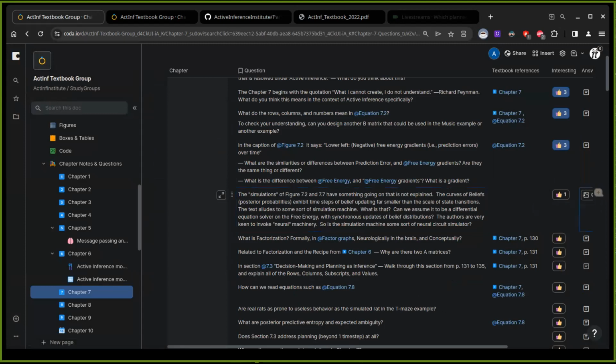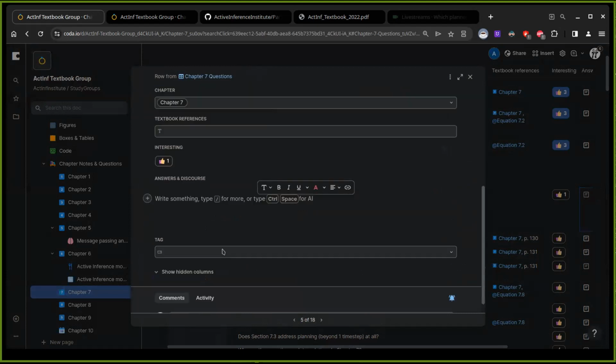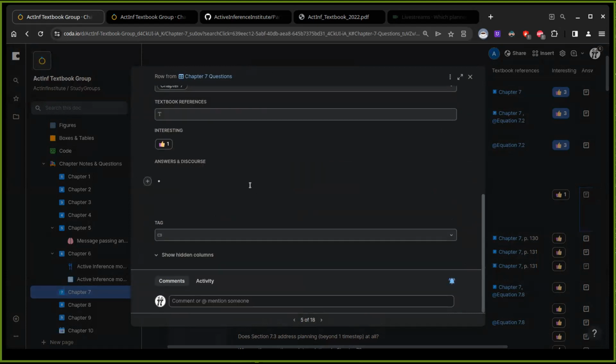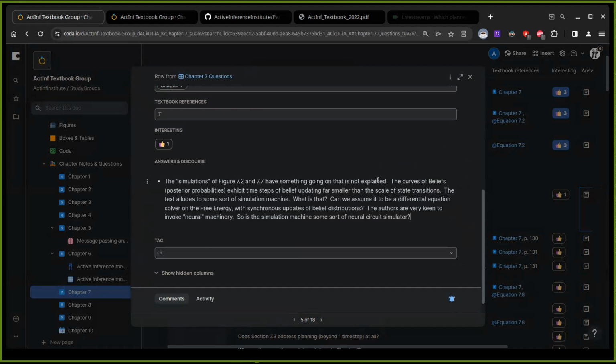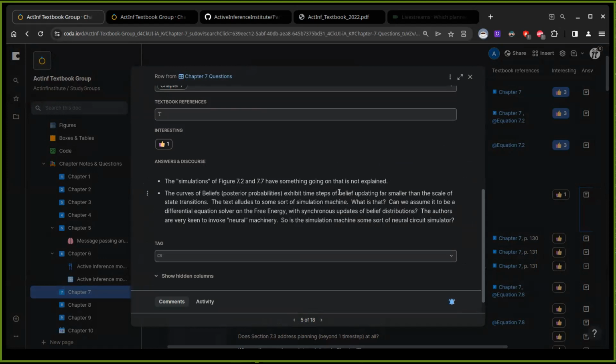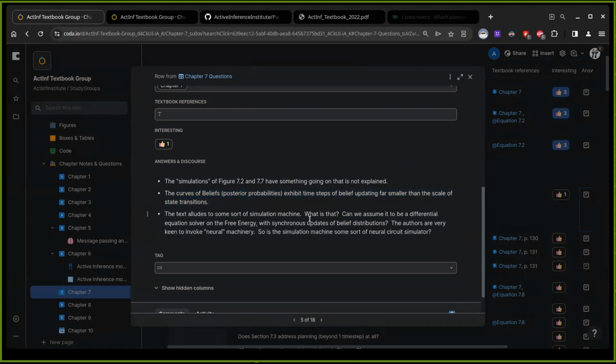Okay, maybe this is speaking to this. So figure 7.2 and 7.7 have these curves where belief updating is happening faster and the text alludes to some sort of simulation machine. Yeah, I believe that is the stock machinery of the SPM package, but I'm not exactly sure.